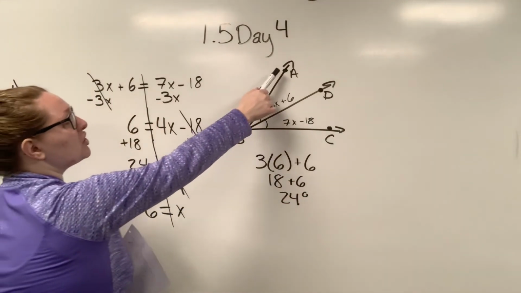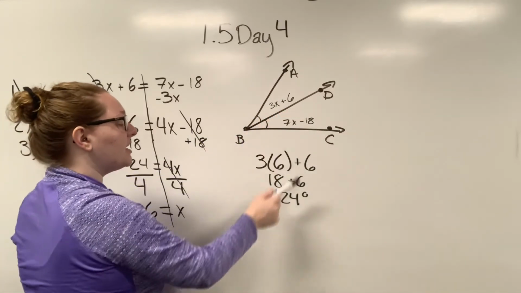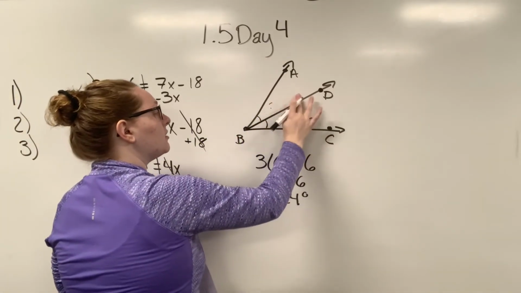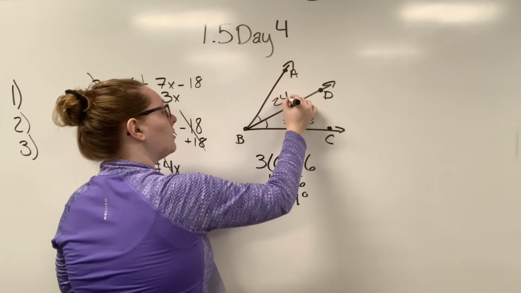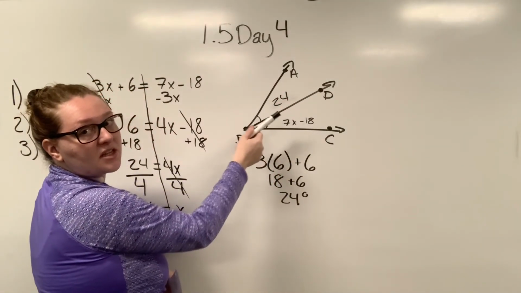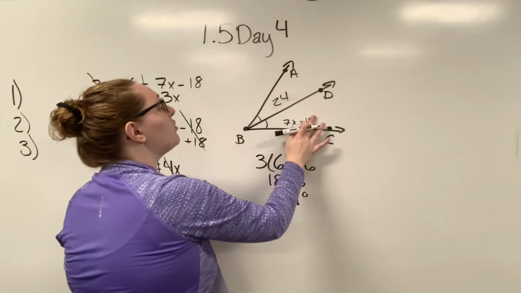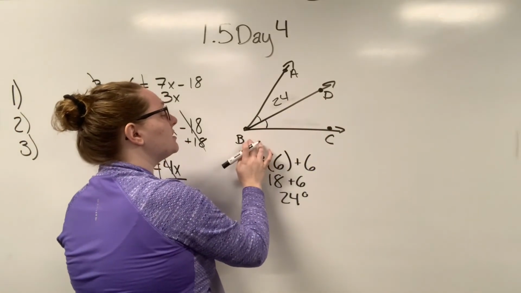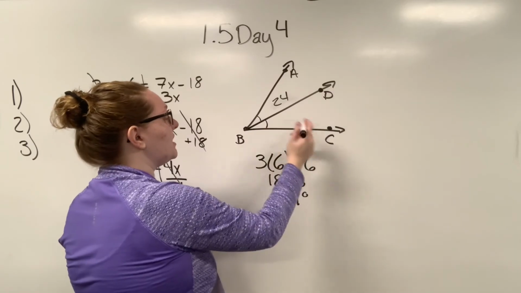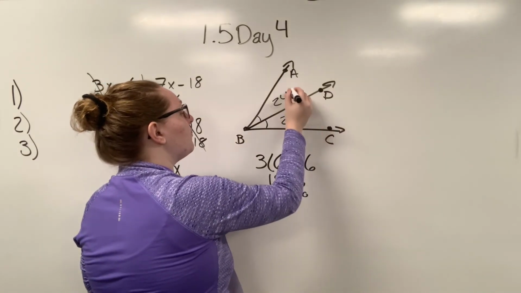So we know that the measure of angle ABD is 24 degrees. And since these two pieces of this angle are congruent, they have the strike marks, this also means that the measure of angle DBC is also 24 degrees.